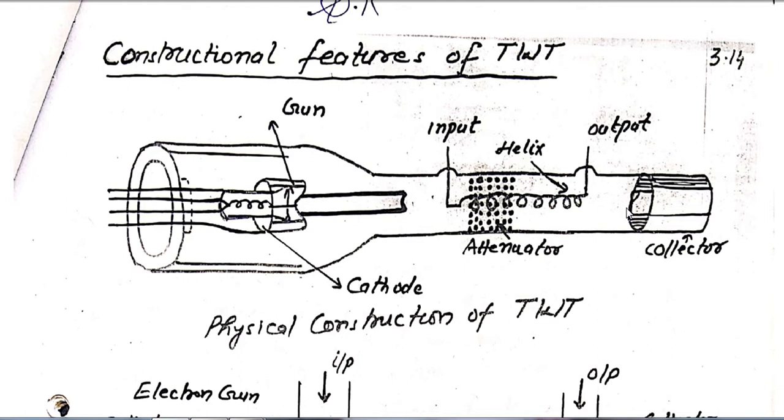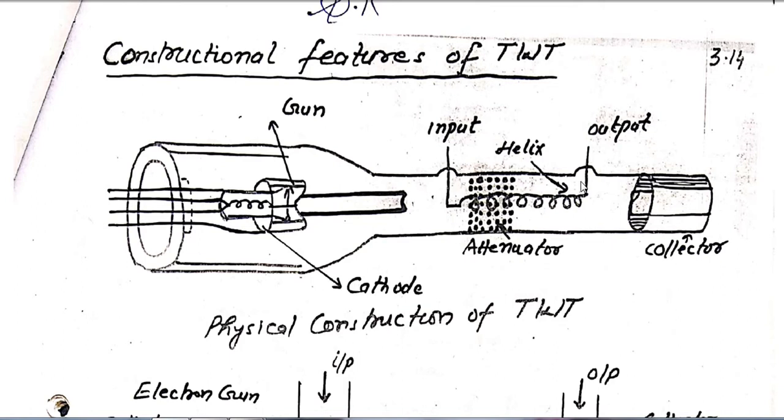The helix is a loosely wound thin conducting helical wire which acts as a slow wave structure. Later we will see that this helix acts to slow down the wave; its velocity is decreased with the help of this helix structure. The signal to be amplified is applied to the end of the helix adjacent to the electron gun.